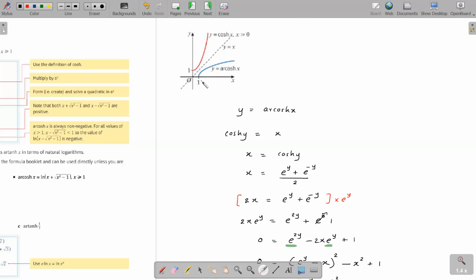We described the domain previously, so you can see clearly that the R cos x graph is defined only for x values greater than or equal to 1. You can see it here in the graph. So we've described these things.